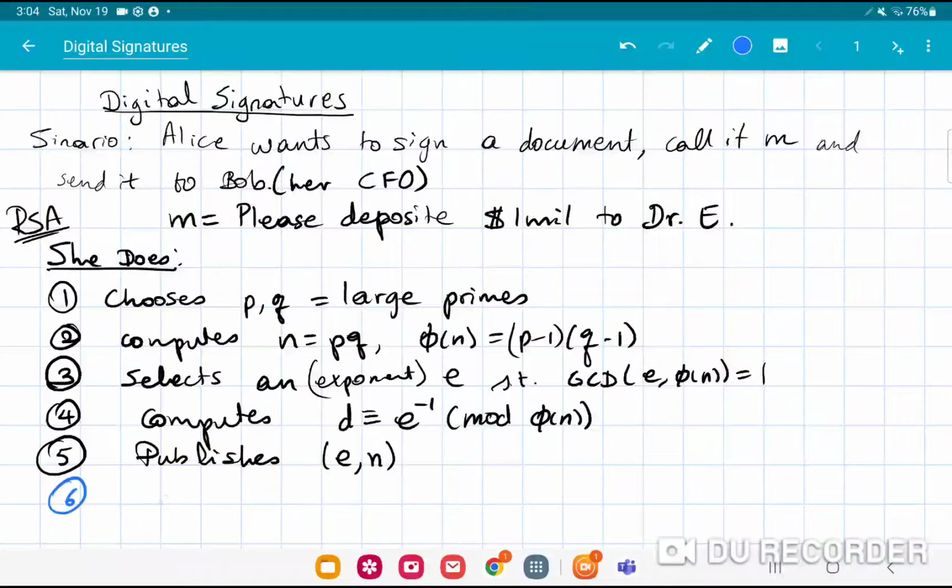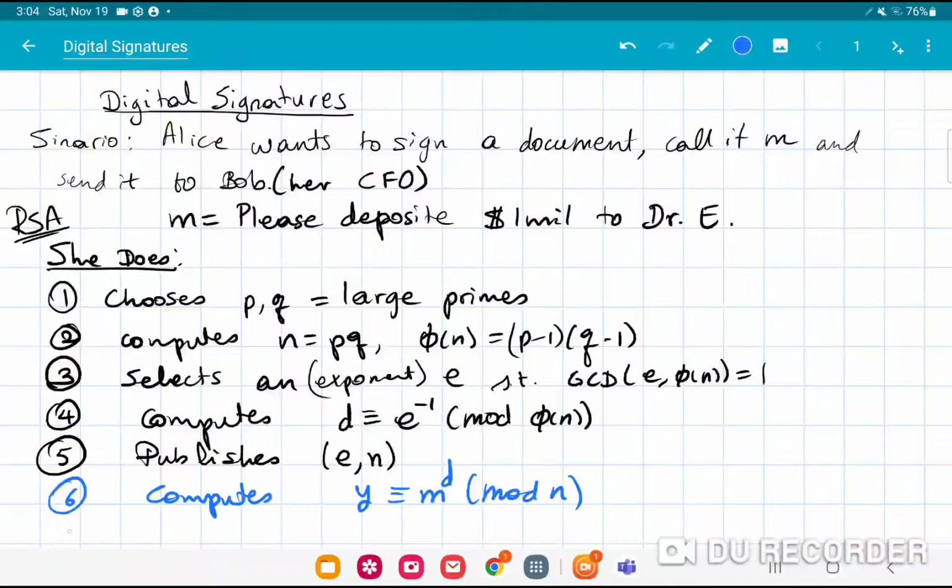To sign M, she computes y, which is equal to m to the power of d mod n. So d is not public. Nobody knows d. Everybody knows e and n.